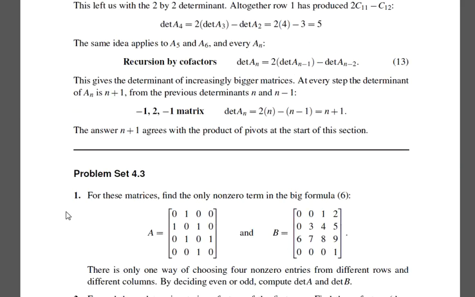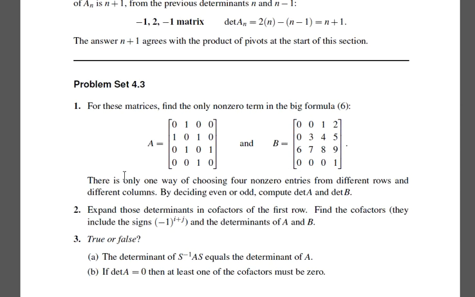Then on this, the exercise problems would be like, for these matrices, find the only non-zero term in the big formula for A and B. There is only one way of choosing 4 non-zero entries from different rows and different columns.